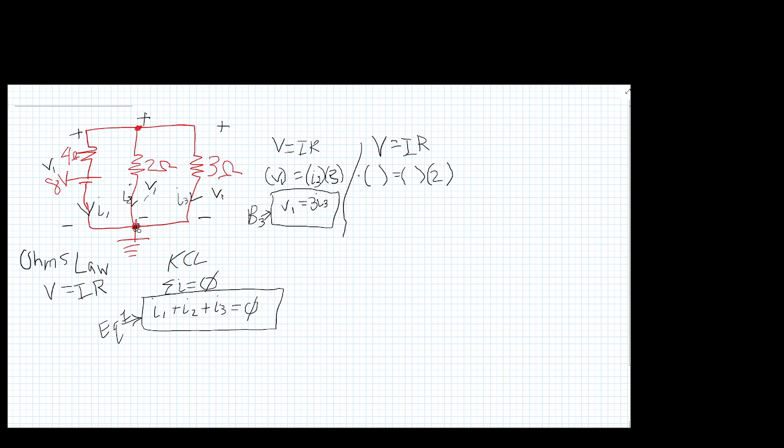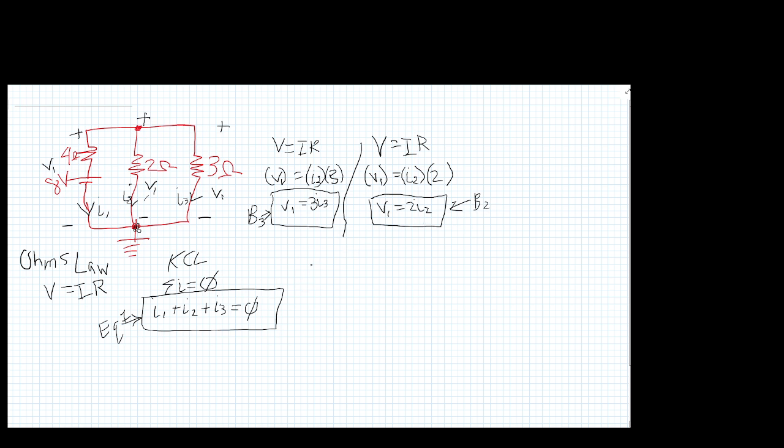And our current, we said, was I sub 2. And our voltage is V1. So now we have V sub 1 equals 2 times I sub 2. We have another equation. And this is the one for branch 2.